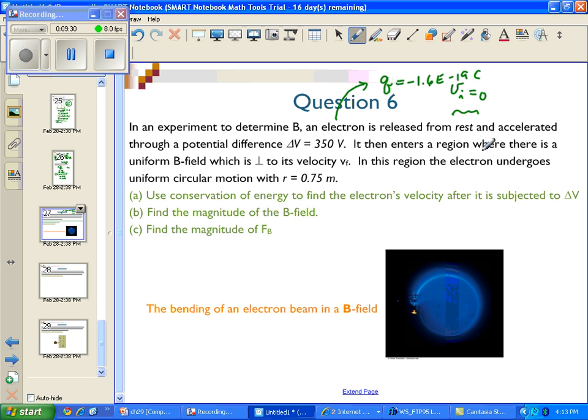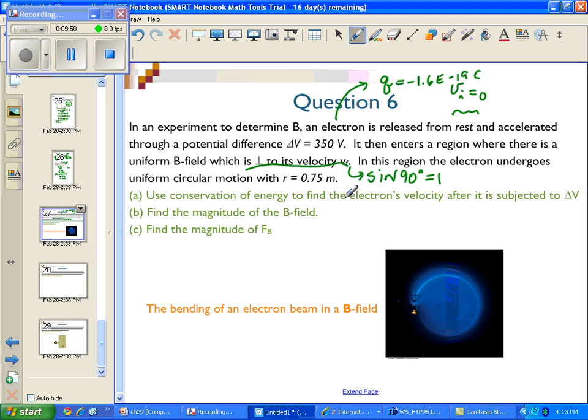It then enters a region where there's a uniform magnetic field that happens to be perpendicular to the velocity. What does that tell us? That the angle between the velocity and the magnetic field is 90 degrees. In this region, the electron undergoes uniform circular motion, obviously because it experiences a magnetic force.